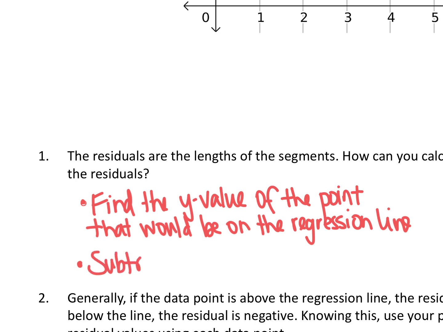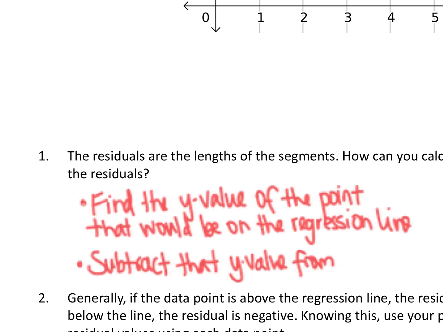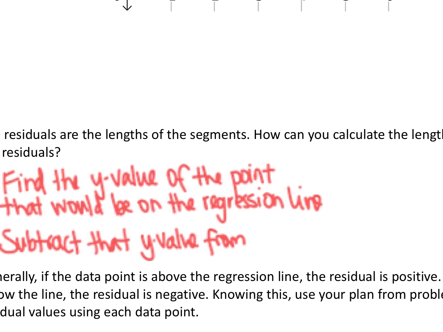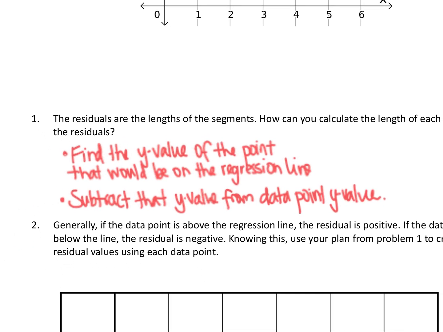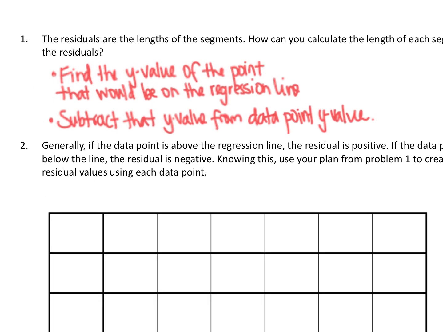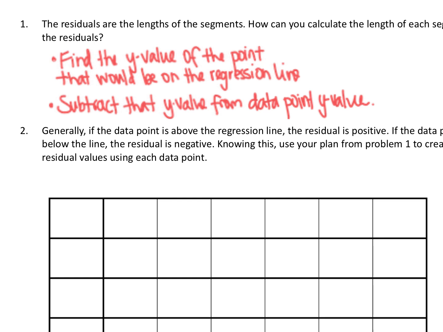Subtract that y value from the original y value of the data point. Okay, and we're going to demonstrate this next. Okay, so that's the 2 steps in order to calculate residuals. So let's go ahead and test it out.